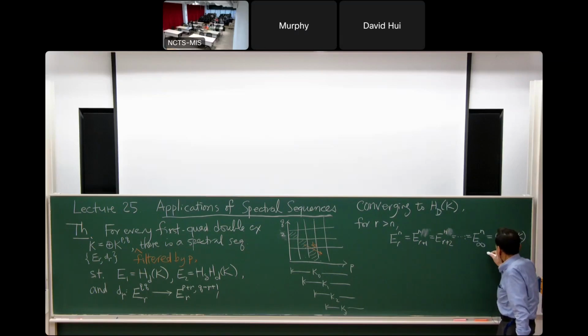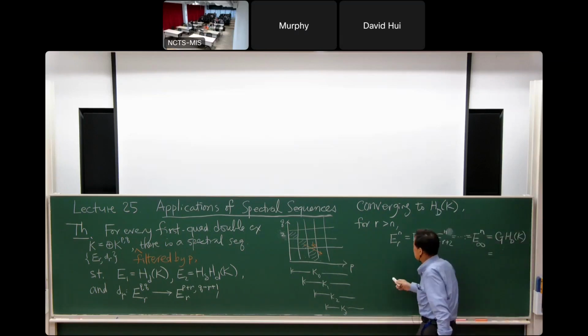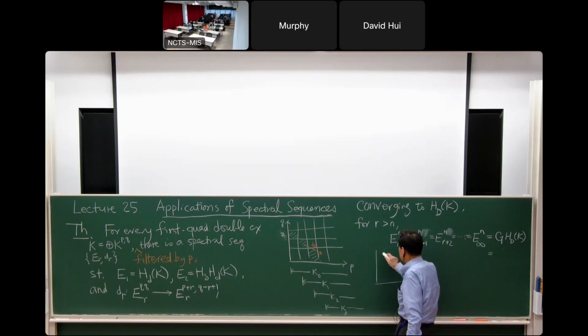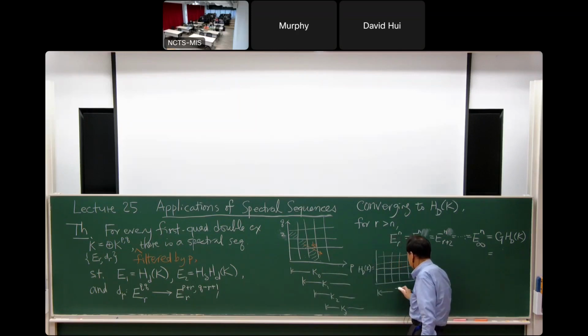So now the associated graded complex, right? You have a filtration on the cohomology. This filtration on K induces a filtration on the cohomology also by p.